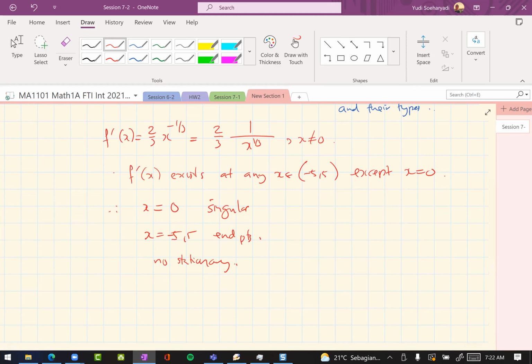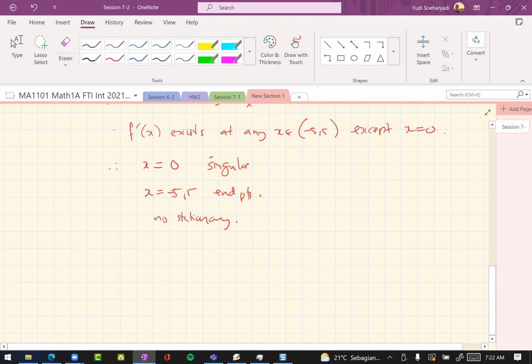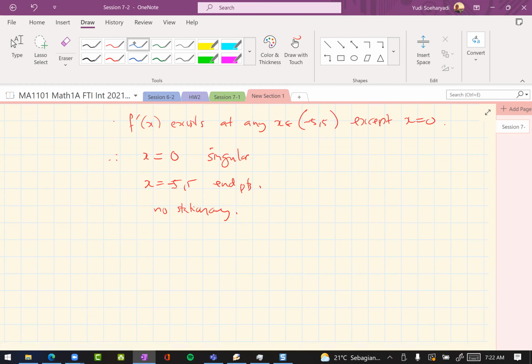And from this, how do we find whether it is a max, min, or neither of them?